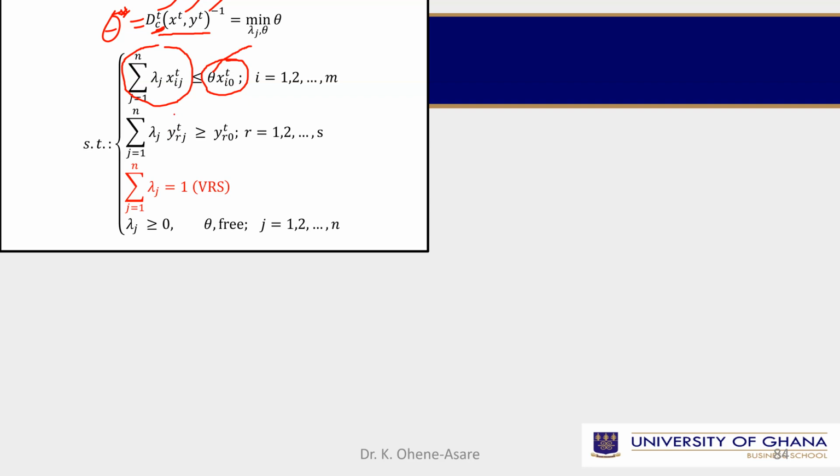And then you generate your output constraint. The output constraint says the weighted sum of the output of all DMUs, including that very DMU that you are minimizing, its output, that should be greater than the output of the DMU that you're looking at. That is a targeted or the evaluated DMU.